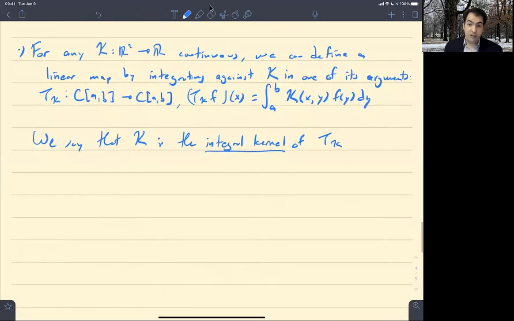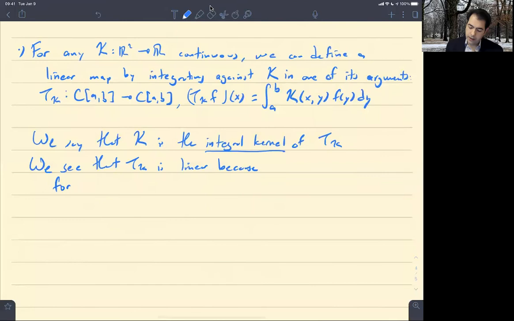Let's check that this is indeed a linear map. To check that a map is linear, I have to check that it takes linear combinations to linear combinations. So let's take two vectors. In this case, the vectors are continuous functions defined on AB. And let's take a scalar.